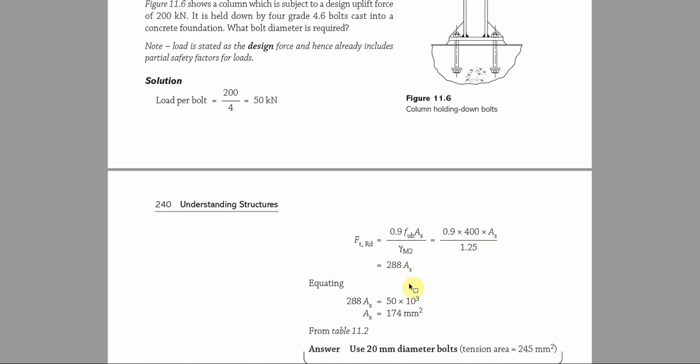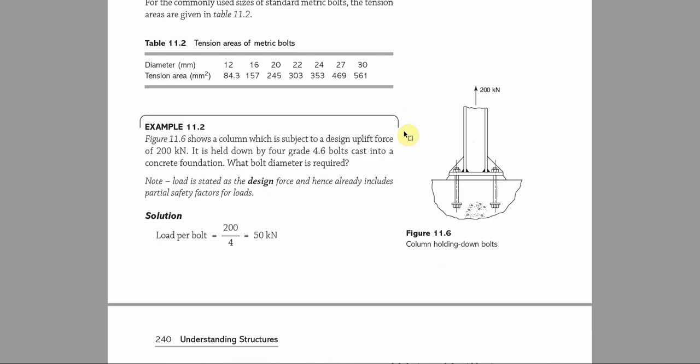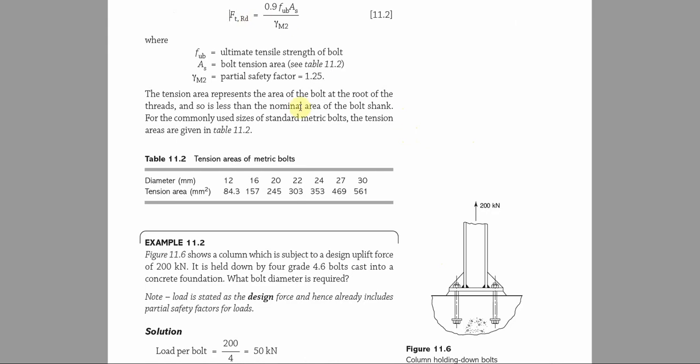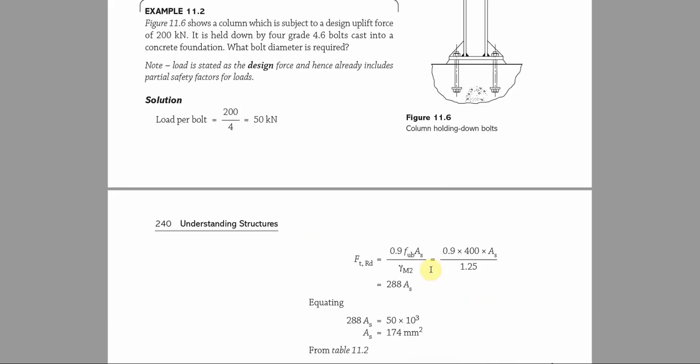Then from there we calculate our A_s. Just substitute the values from this place, and since you have that, you can always calculate what you have here.